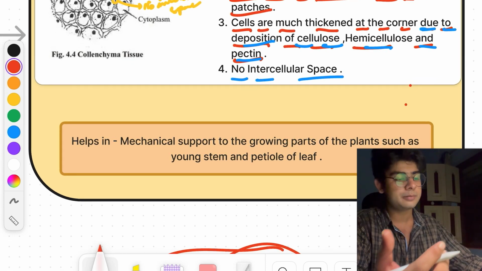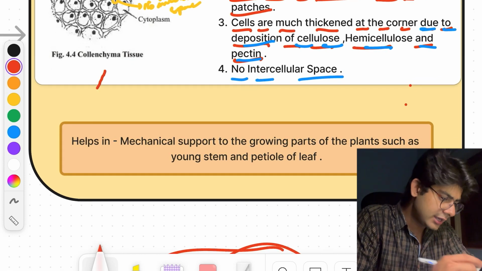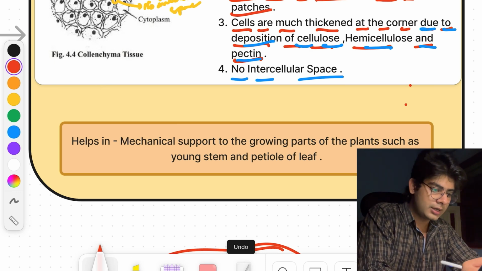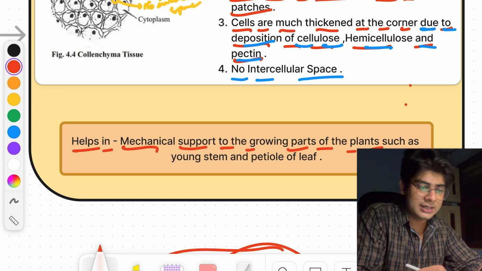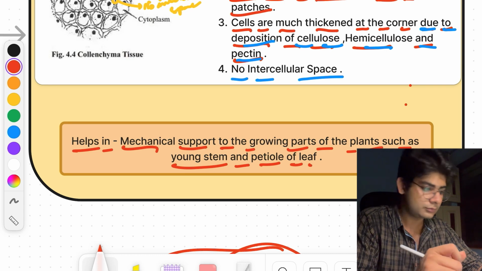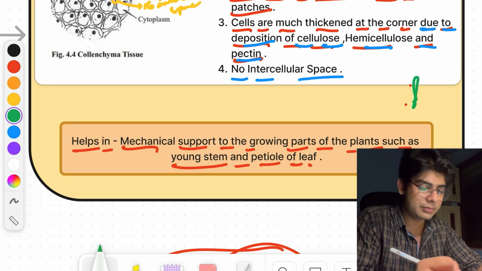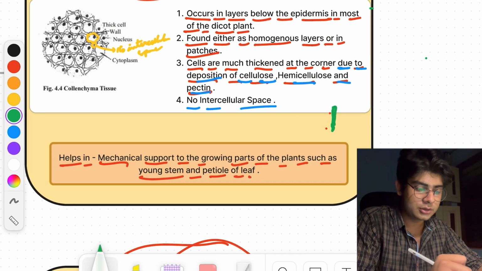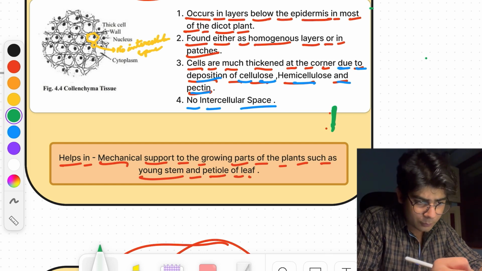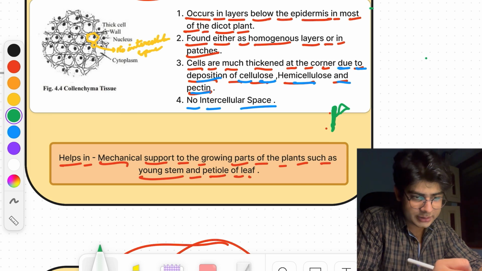This Collenchyma tissues helps in mechanical support to the growing parts of the plants, such as young stem or petiole of leaf. If this is a young stem, this collenchymatous tissue will gonna help this stem to be erect, or it might help to strengthen the petiole of a leaf. Petiole means this part.